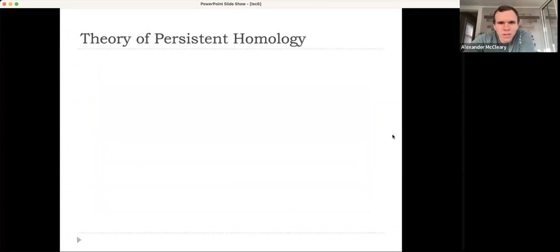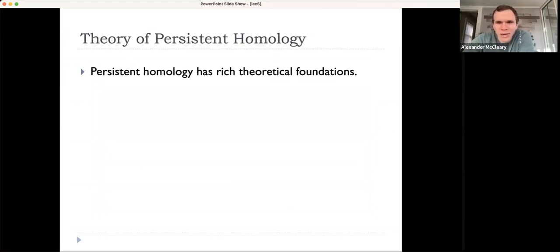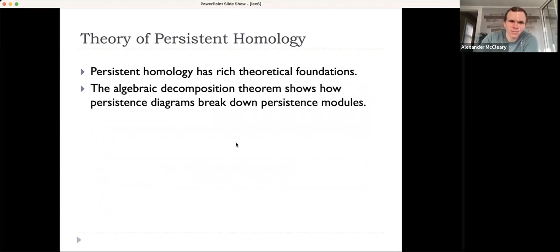Right, so persistent homology has a very nice theoretical foundation to it. There's the algebraic decomposition theorem, which shows that we can use persistence diagrams to actually break down persistence modules into nice building blocks.